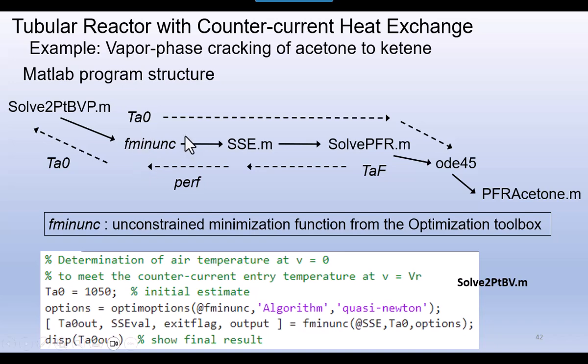The routine we use to make adjustments is this built-in routine in MATLAB, and what it uses is a sum of square of error criterion between the computed air temperature at the end of the reactor and the specified, and squares it.